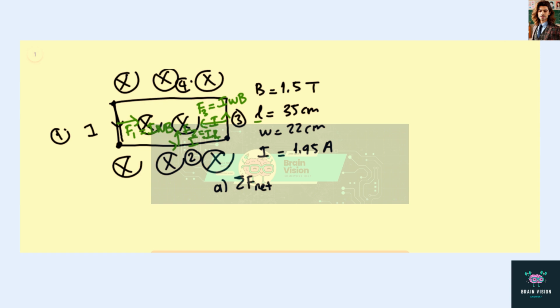Little L, we called it this guy. IL times B, and sine of the angle between I and B. As you know, it's 90, so I'm dropping the sine term. When we go to segment 4, then F4 is going to be down, but again, ILB is going to be the magnitude.